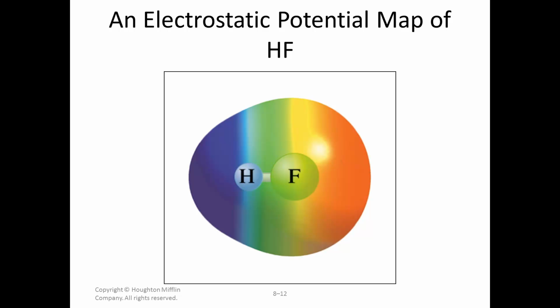Now if we take our HF molecule, our hydrogen fluoride, and make an electrostatic potential map showing areas of high electron density in red and areas of low electron density in blue to violet, then we can see the partially negative end of hydrogen fluoride is on the fluorine, shown in red, and the partially positive end of hydrogen fluoride on hydrogen is shown in purple.